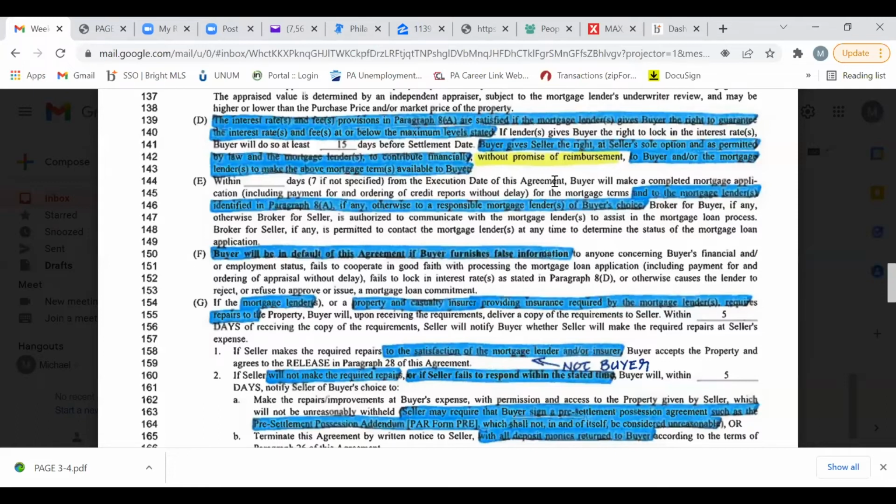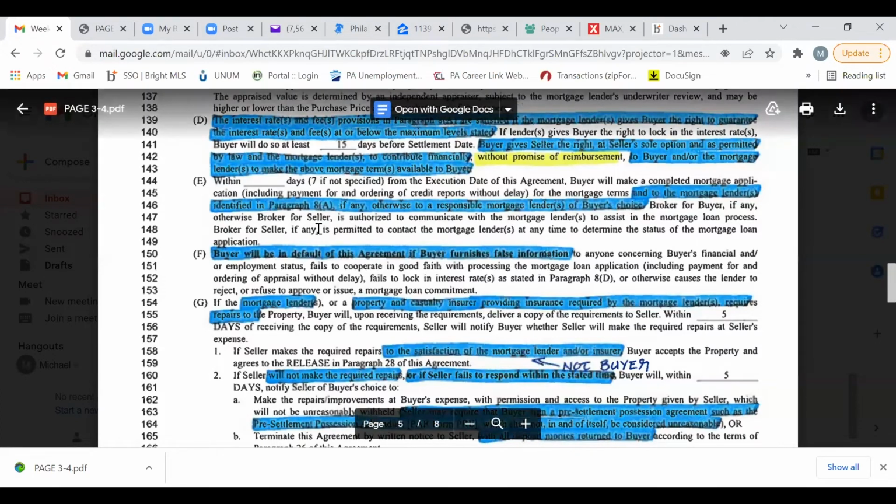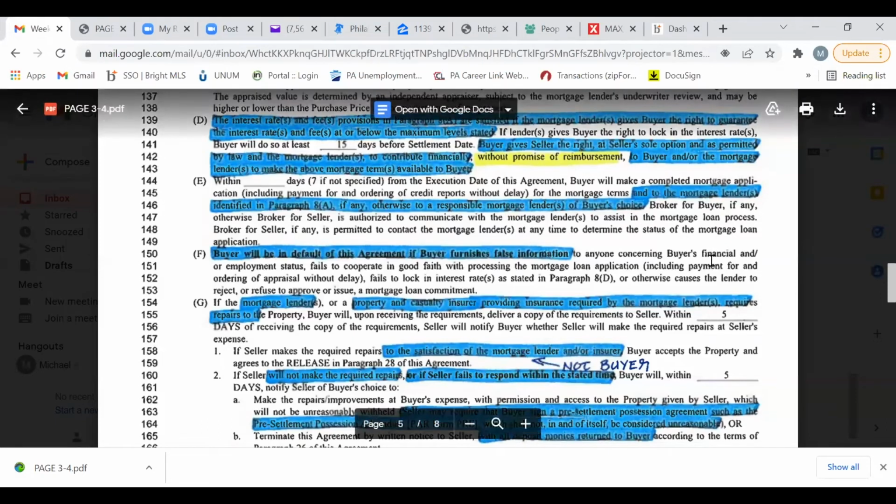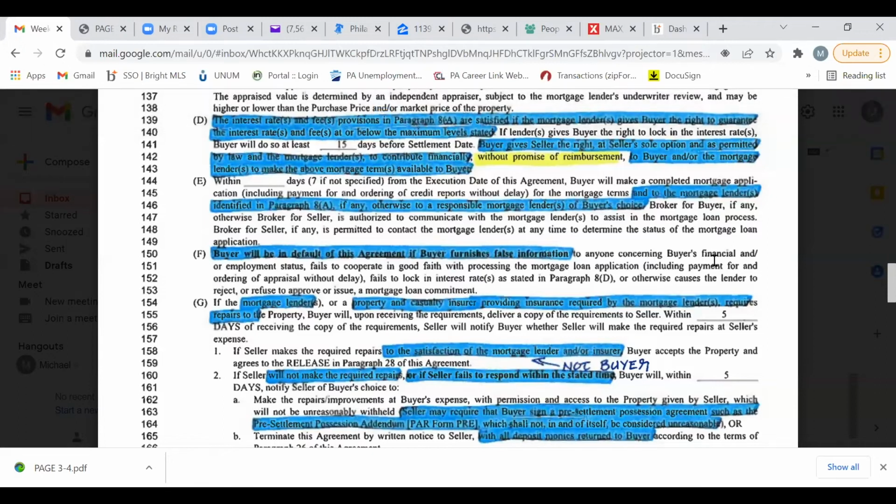So if that's left blank, they can pretty much go anywhere they want, but they do have to still abide by the rules of this mortgage contingency and all the dates and timelines. Broker for buyer, if any, otherwise broker for seller, is authorized to communicate with mortgage lender to assist the mortgage loan process. Broker for seller, if any, is permitted to contact the mortgage lender at any time to determine the status of the mortgage loan application. So there's your right to talk to the mortgage lender.